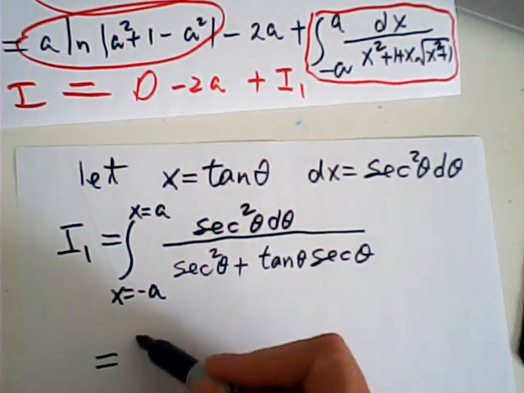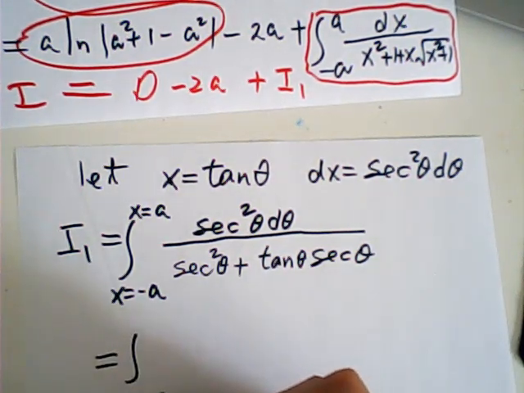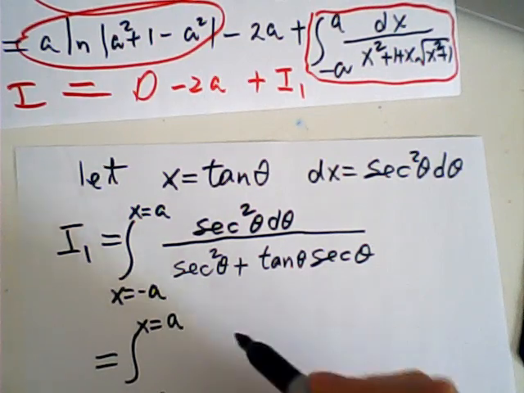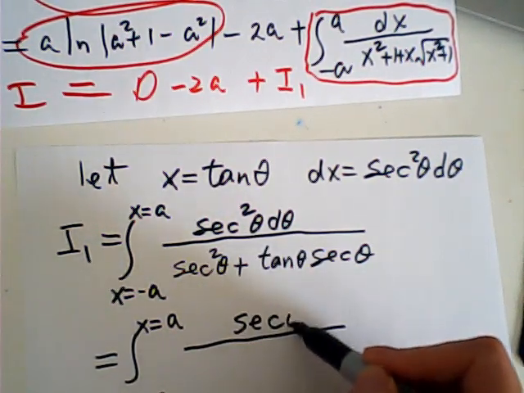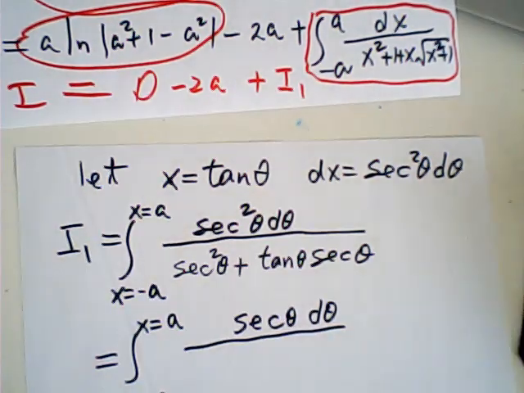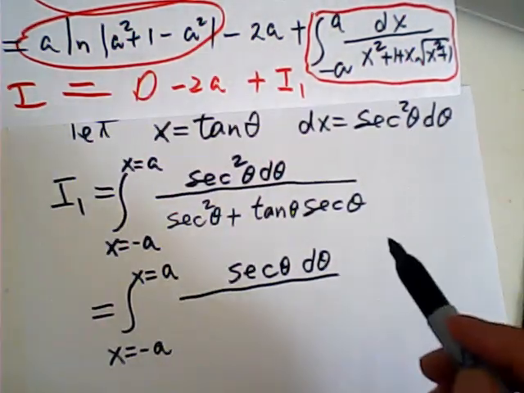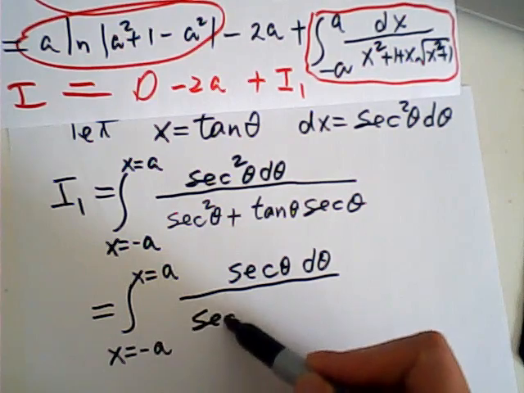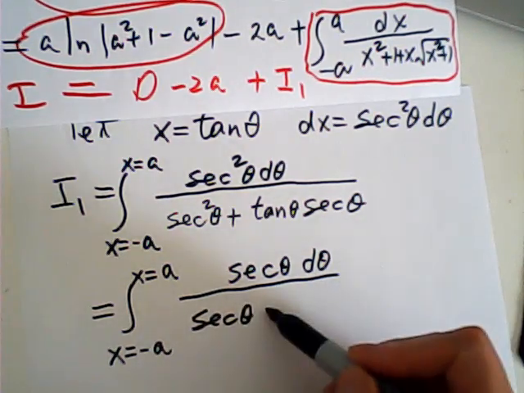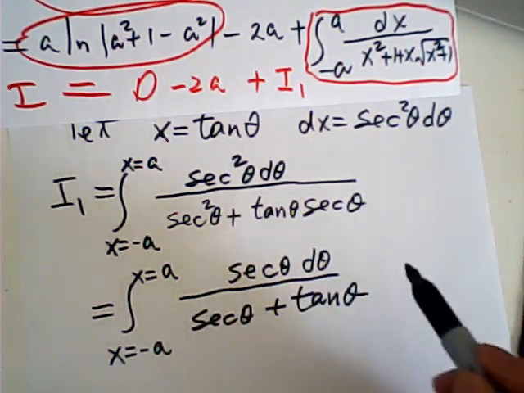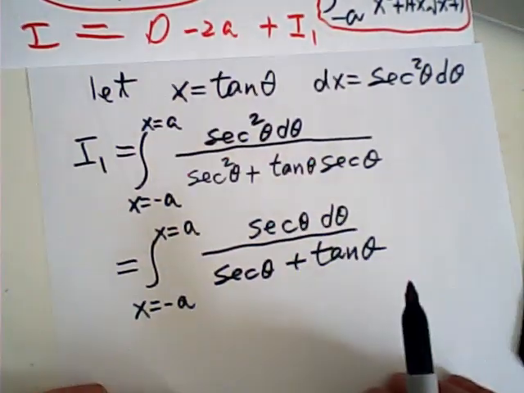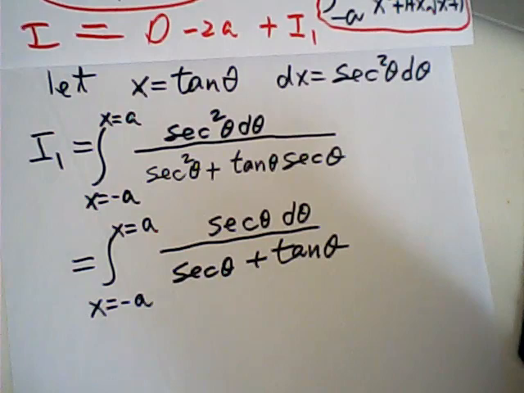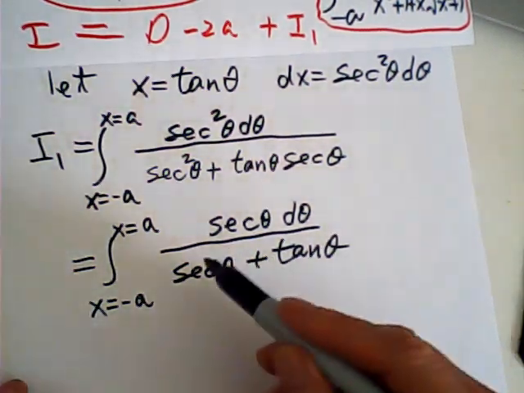Then this one is equal to x from negative a to positive a, secant squared theta d theta, divided by secant plus tangent. Secant is gone, right? So my I has been simplified into this. Now from here onward, I think it is rather easy.